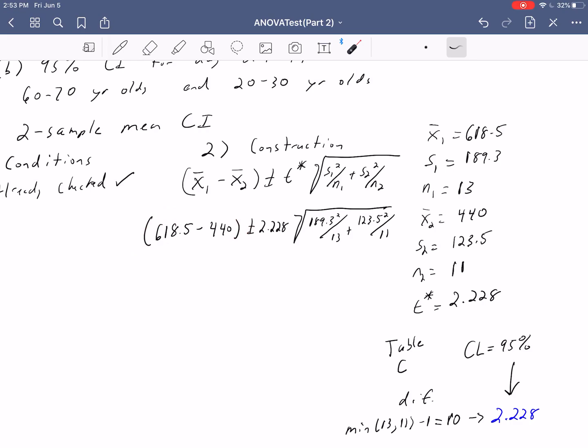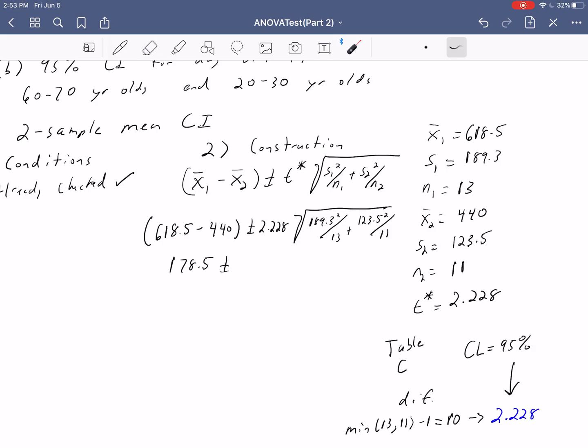When you're doing these confidence intervals for differences, you do need to make sure you go ahead and do that subtraction first. So let's go ahead and take care of that. It's going to be 618.5 minus 440. So it looks like we should get 178.5. So 178.5 plus or minus. Then, if you just type this in as it looks, you'll be all good. So 2.228 times, then use your square root, 189.3 squared divided by 13.